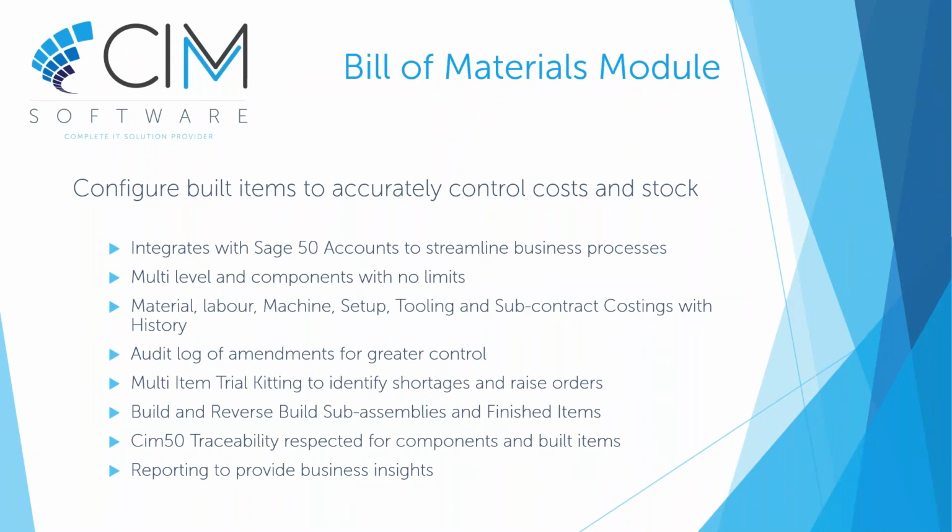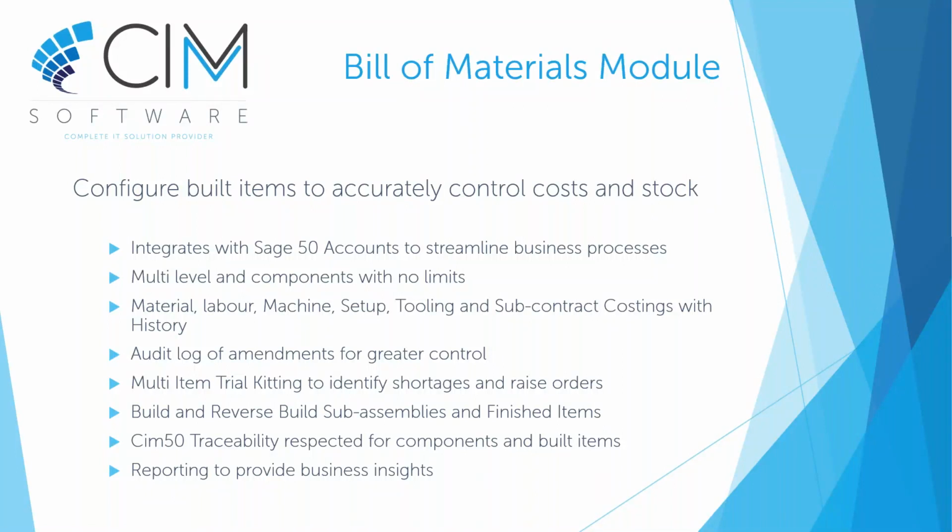Unlike Sage 50 accounts, where you've got materials but you can't cost them, we can cost the materials based on cost prices from Sage. We can also incorporate the labour, machine, setup, etc. throughout the bill of material to give you an accurate cost, so you can make better business decisions regarding the products that you manufacture. All amendments that you make to a bill of material are recorded in our audit log against each bill of material, and that's the theme across the modules.